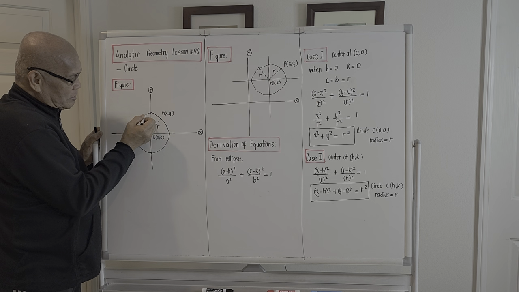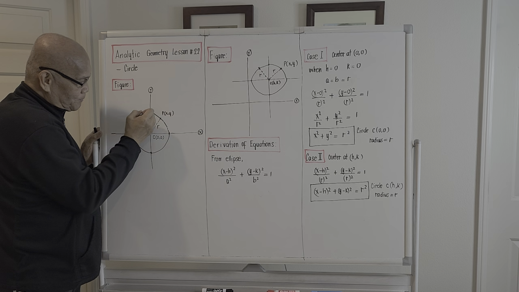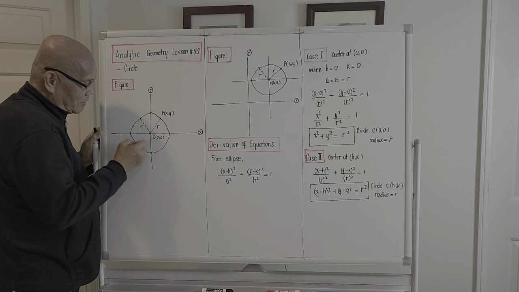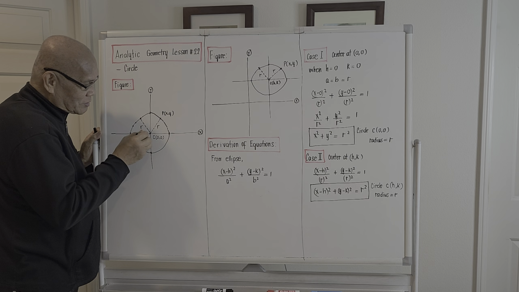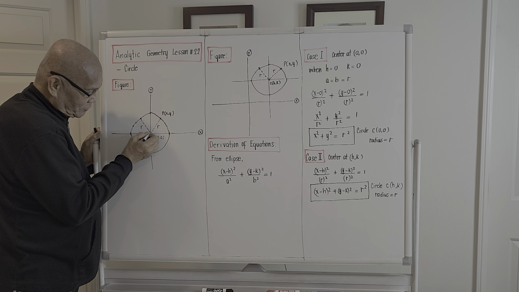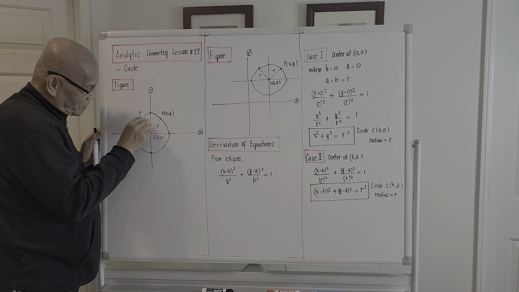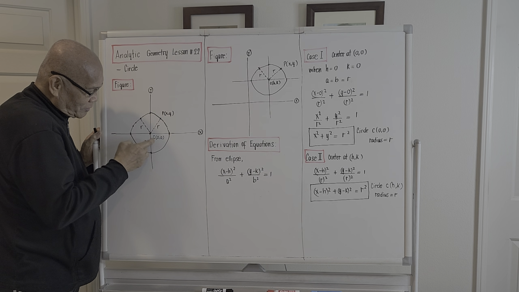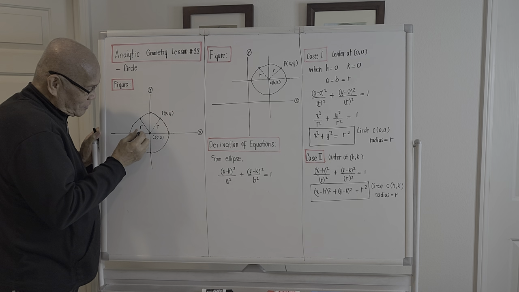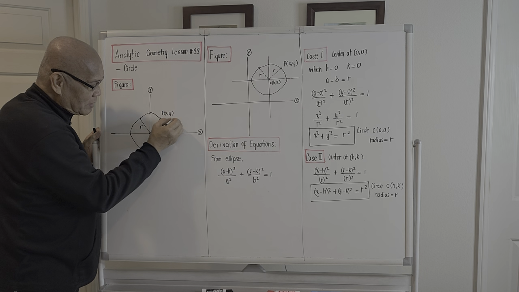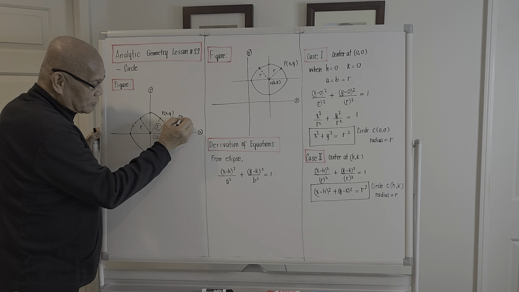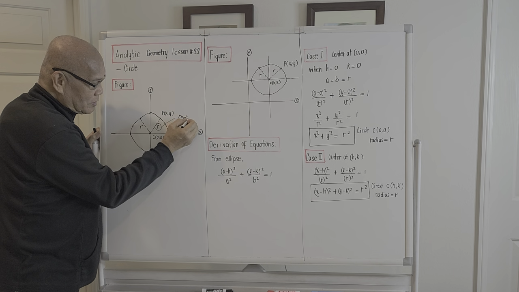As the point moves around the circle, it is always equidistant from the center at any point. That same distance is designated by r, and r is termed the radius.